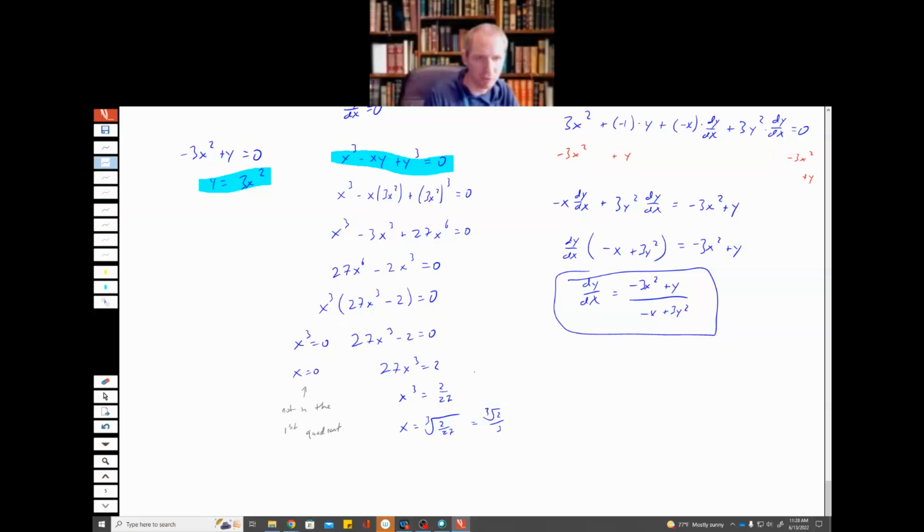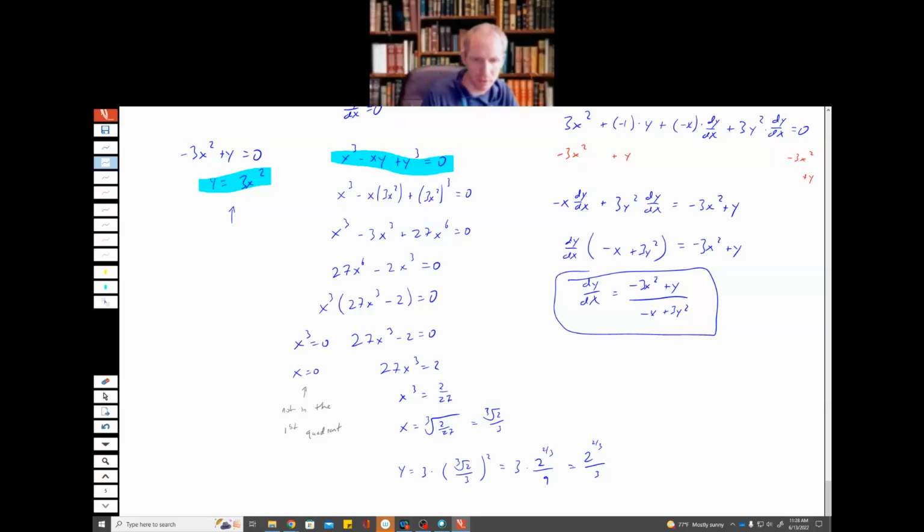For this next one, I have an x value. To find a y value, I can just use this other equation I have. Y is 3 times my x value squared, okay, which is 3 times 2 to the 2/3 power over 9. The 3 and the 9 cancel a little bit, and I get 2 to the 2/3 over 3.